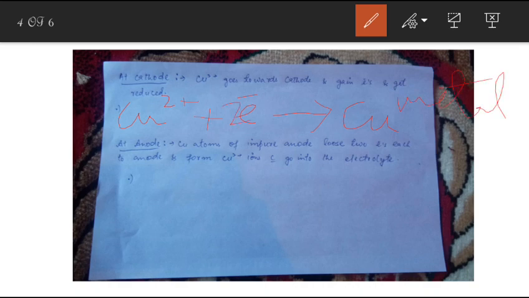And at the anode, copper atoms of the impure anode lose 2 electrons each and form ions. At the anode, Cu minus 2 electrons gets converted into Cu2+. That means on the anode oxidation will take place, and at the cathode reduction will take place.